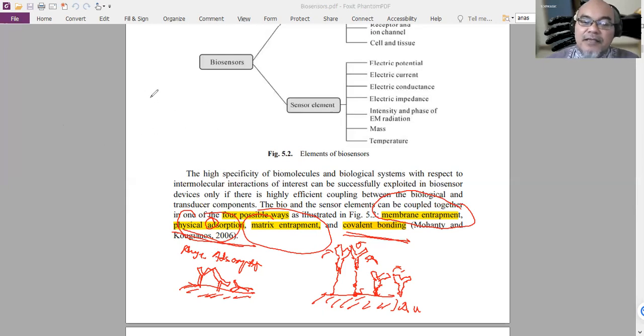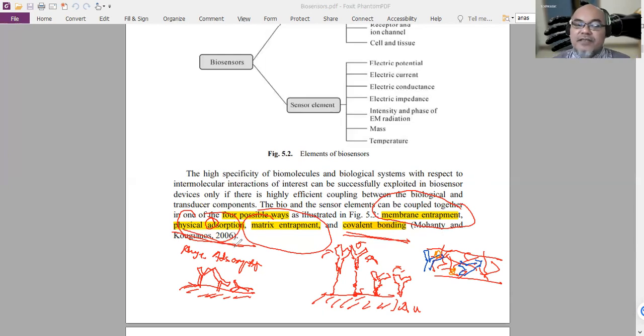With matrix or membrane entrapment, for example, you have a porous matrix like this, and inside your antibody is immobilized. So it may also still have a random orientation. However, it has relatively more space between them so that the analyte can bind to the antibody, even if the orientation is not ordered.